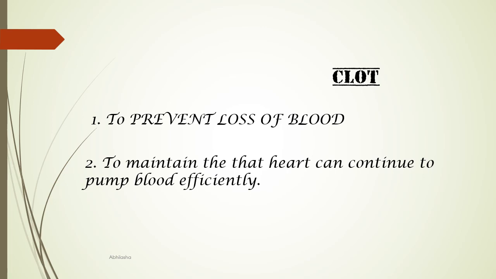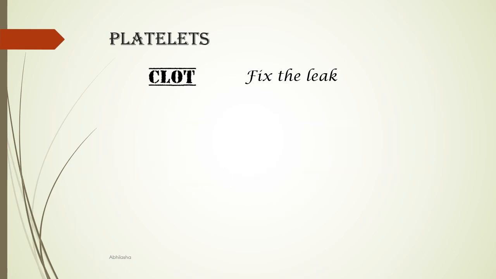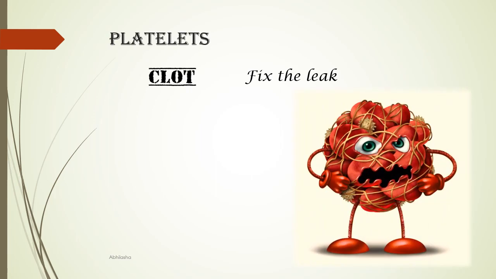So, clots are a way of fixing the leak. Who is the hero of this story? The platelets. Platelets are blood components that ensure that in case of any injury or cut, the clotting occurs and the damage is controlled.